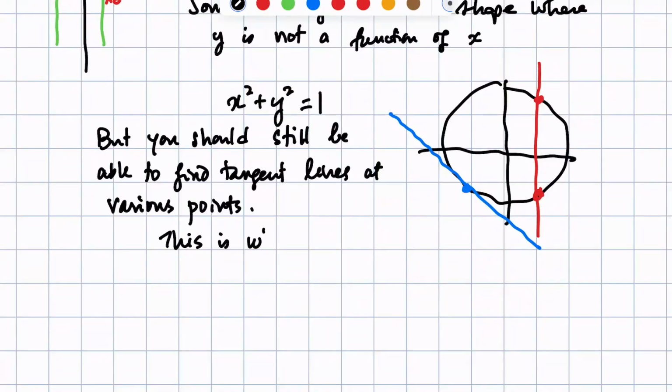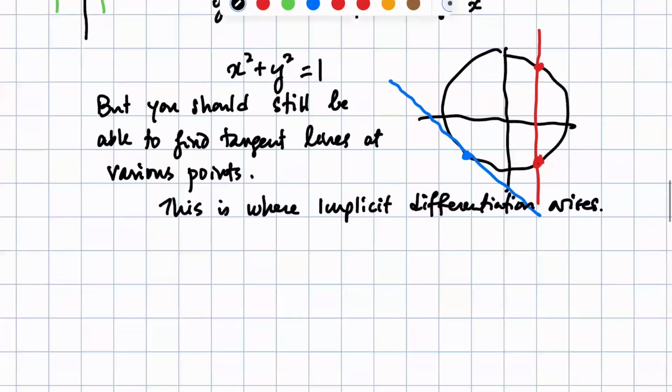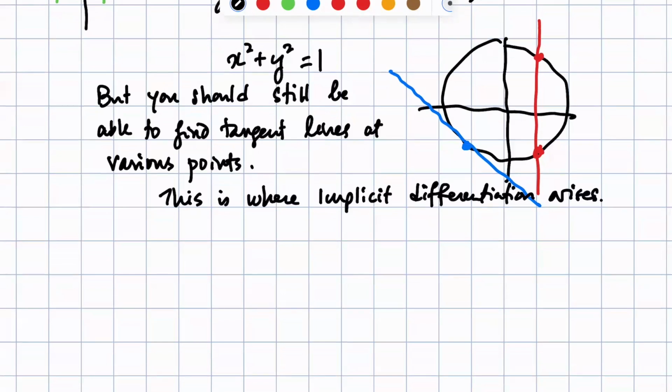This is where implicit differentiation arises. So basically what we have here is, in effect, a function in x and y, and then I'm differentiating with respect to x.